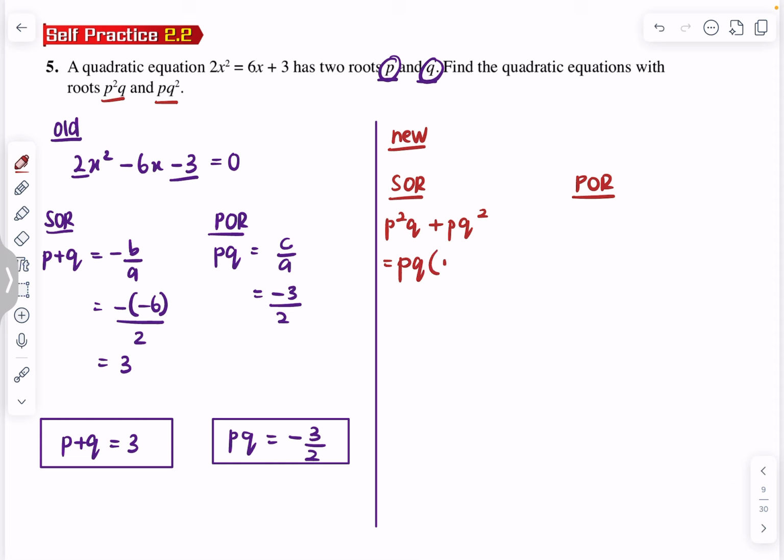We'll be left with p plus q. Both these terms have pq in them. So we take out the pq, then we'll be left with p and q. So pq times p plus q. So we know pq is this, and we know p plus q is this. We sub in. pq is negative 3 over 2, p plus q is 3.